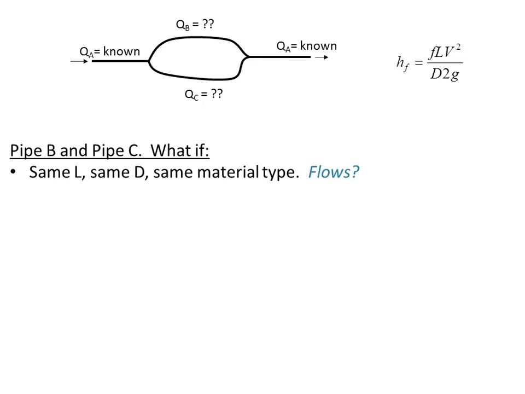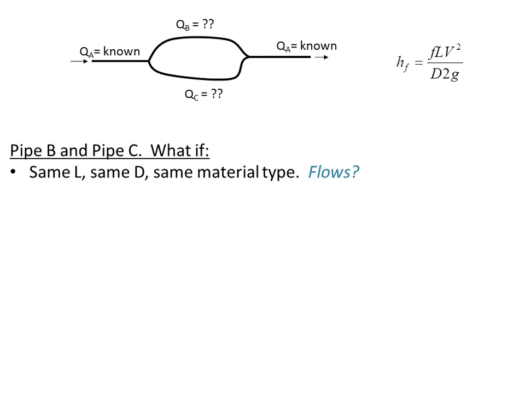Before I show you that equation, let's think about it in qualitative terms. How much flow will go through the top pipe versus the bottom pipe? We'll get a general sense for how the system behaves before we start plugging numbers into equations. Let's say, for instance, that the pipe lengths are the same.